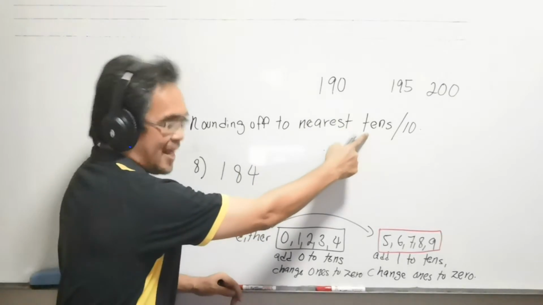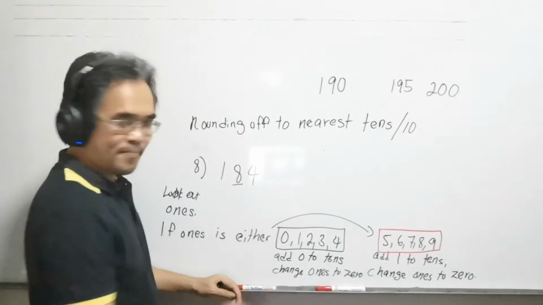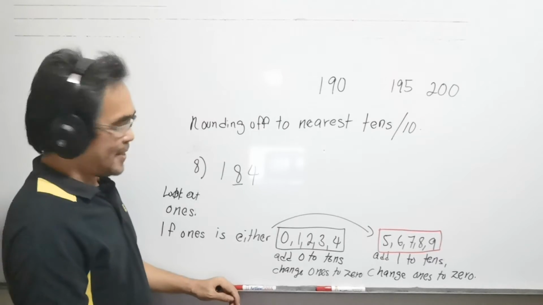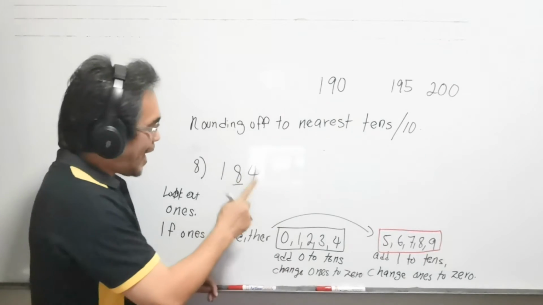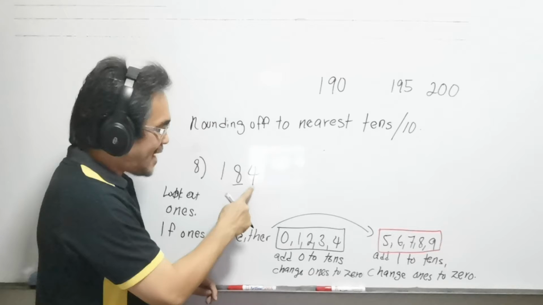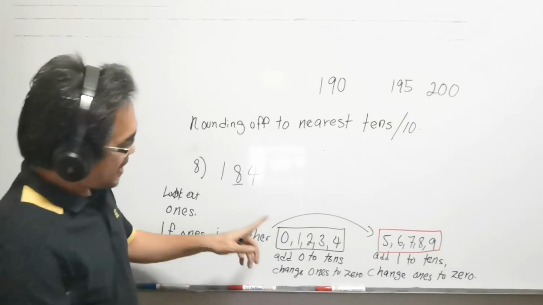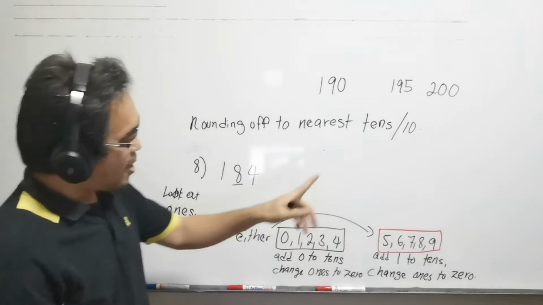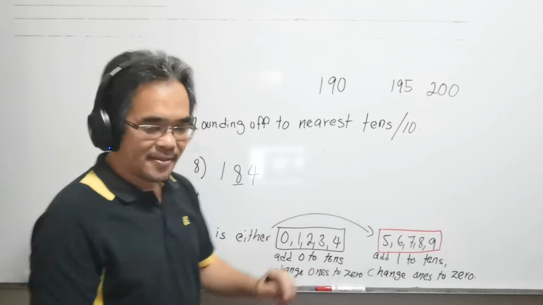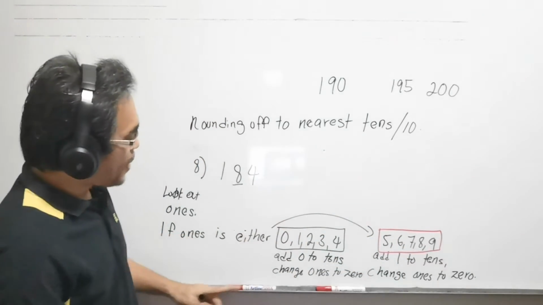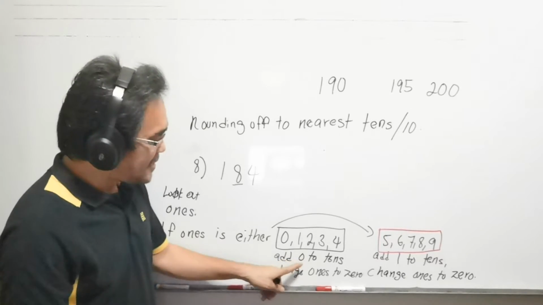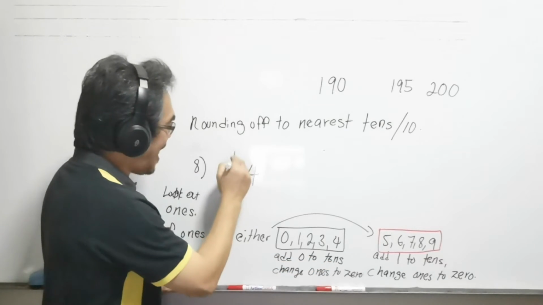Underline tens. And then look at the number on the right of it. Is it in the black or in the red? In the black. So what do we have to do? Add 0 to tens. Add 0.